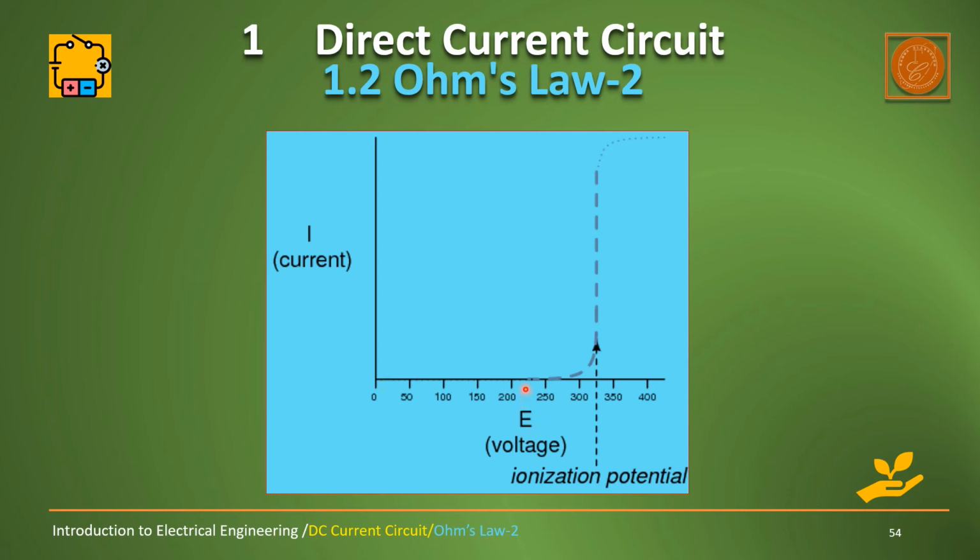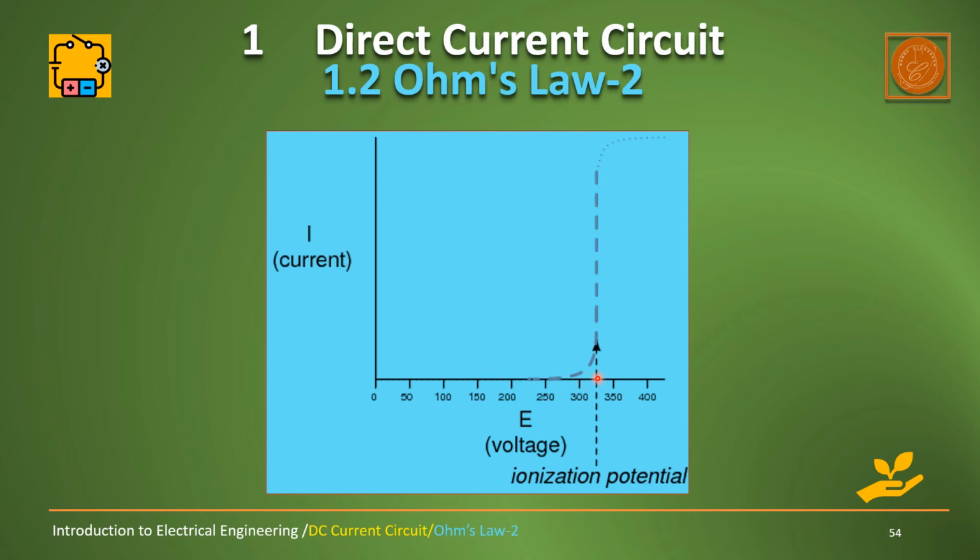When the voltage is increased to this point, we can see a little current pass through the circuit. As the voltage increases to this point, the current increases accordingly.